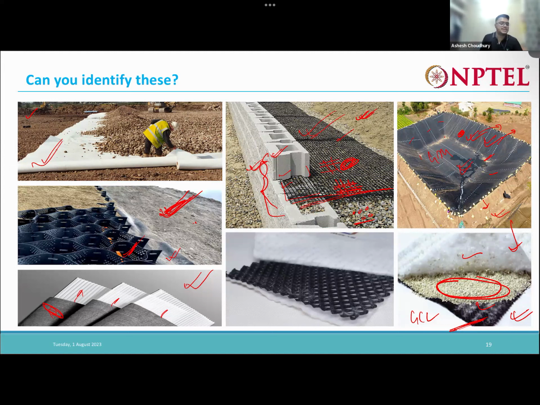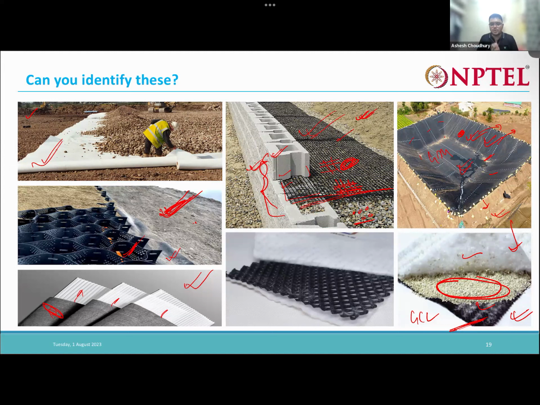So it accelerates the consolidation process by a large amount. Why this is important is that if there is a soil and we construct something over that, the consolidation will take time to happen, right? It will take years. So as time passes, there might be some settlement, differential settlements or something. So what will happen? The structure built over it will get damaged. So we don't want that.